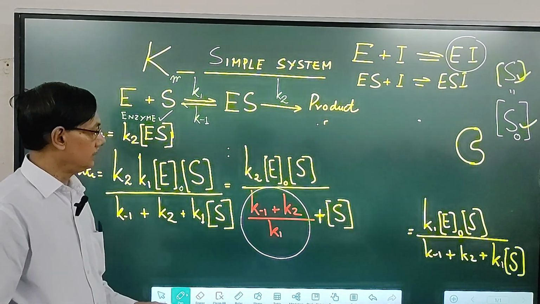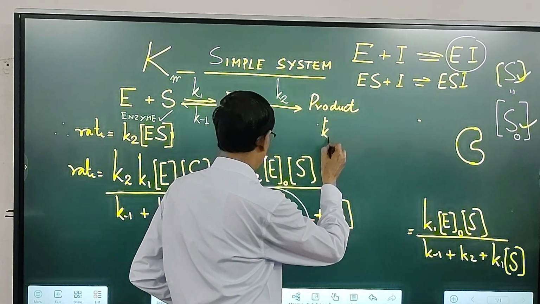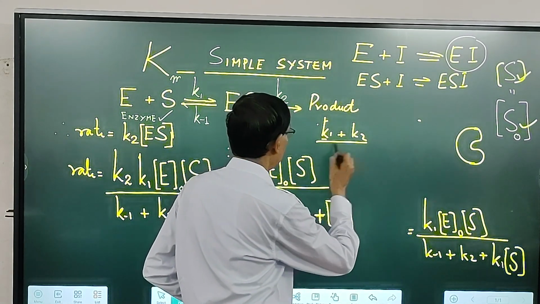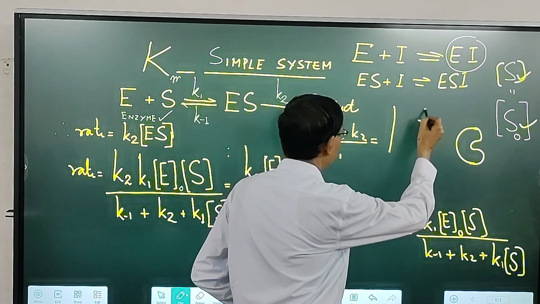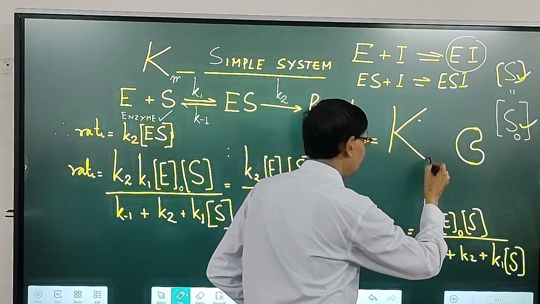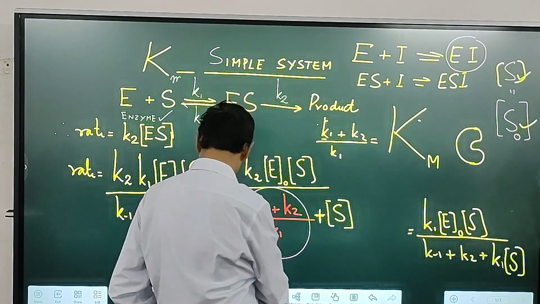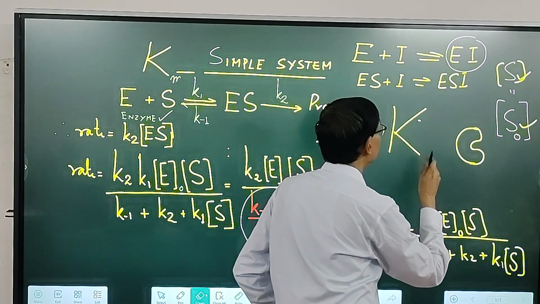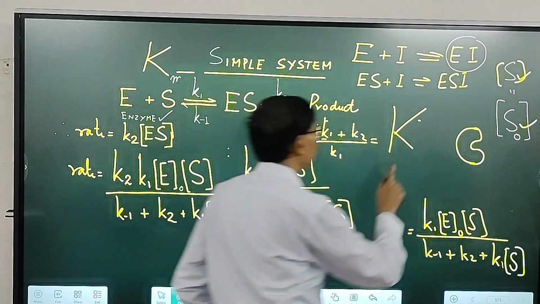According to Michaelis-Menten, this red color part, that means K1, K2 and K1, is regarded as the Michaelis-Menten constant. In some books it is written like that, capital M, or you can write small m also, that is not a problem.